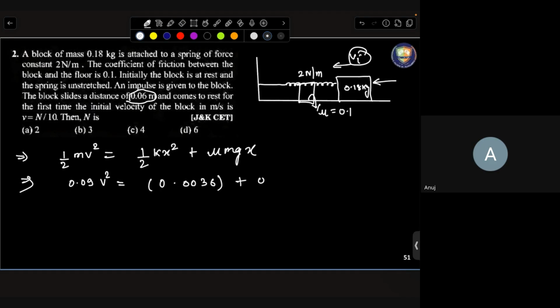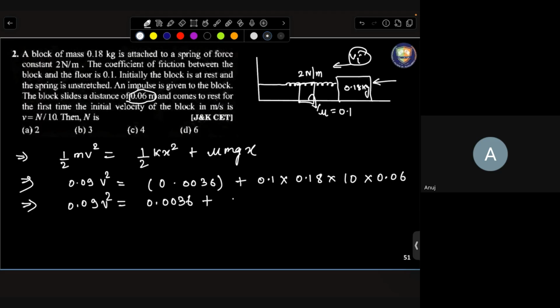Plus mu is given to you as 0.1 into 0.18 is m into 10 is g into x is 0.06. Correct? So what we are getting is 0.09 v square as 0.0036 plus 0.18 into 6, 144.